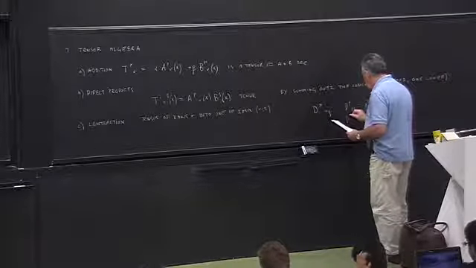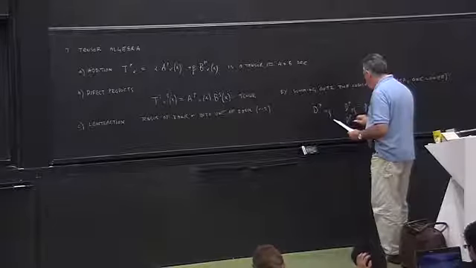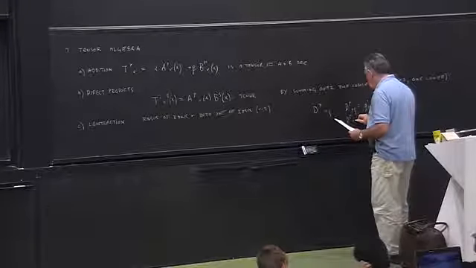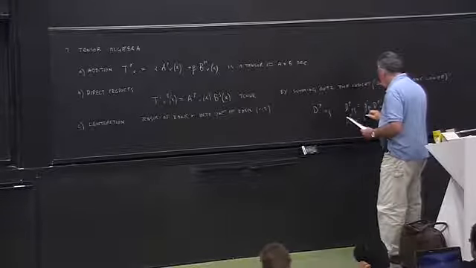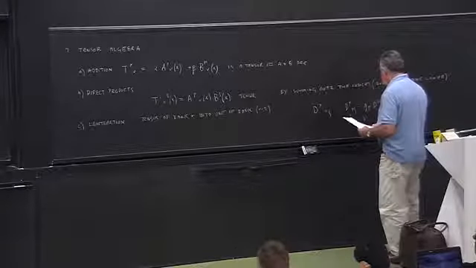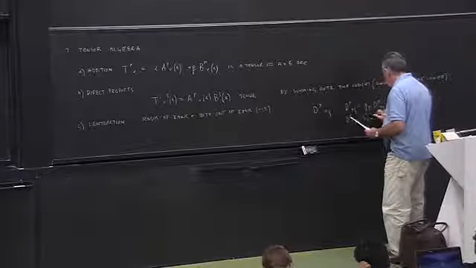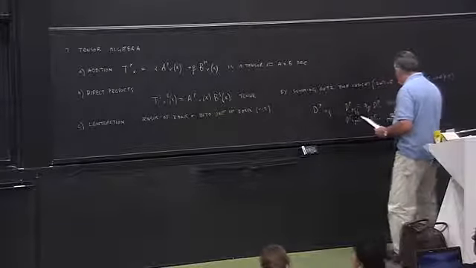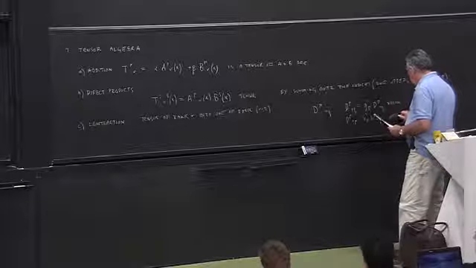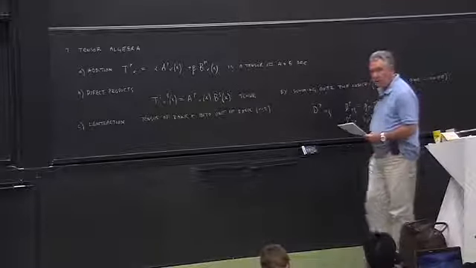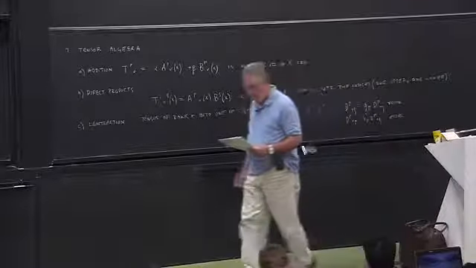And D mu, which is delta rho D mu rho, is also a vector, in general different from the other one.